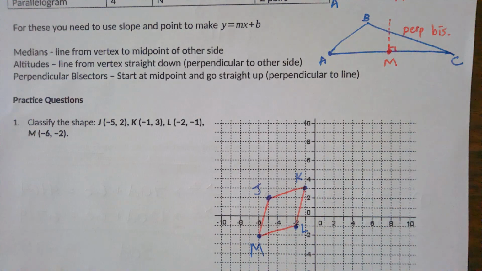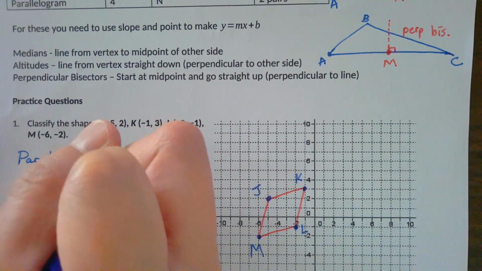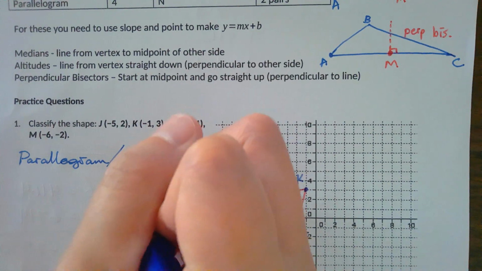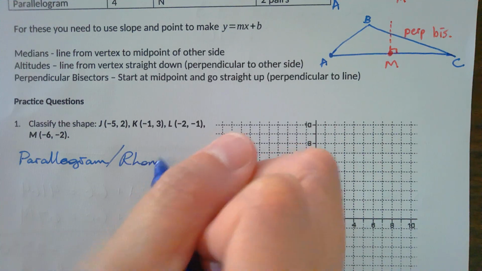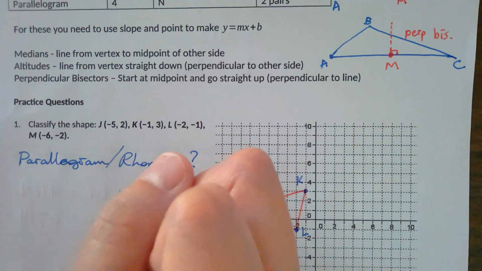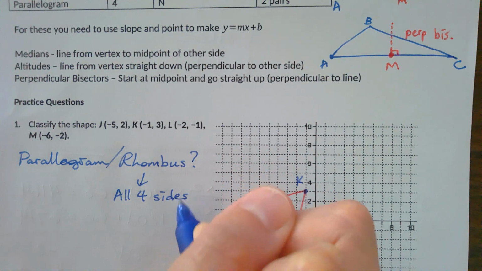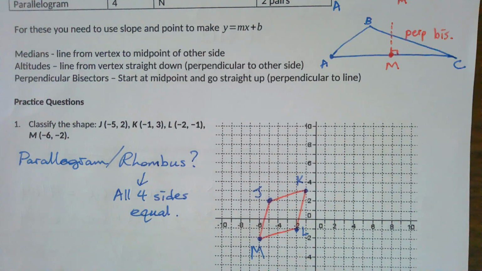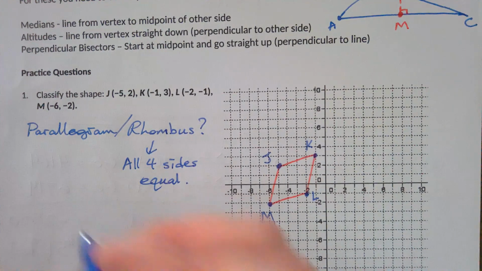I have to check if it is a parallelogram or a rhombus. Okay, so this, all four sides equal. So which formula should I be doing then? Distance, good. Okay, so I have to find the distance formula.